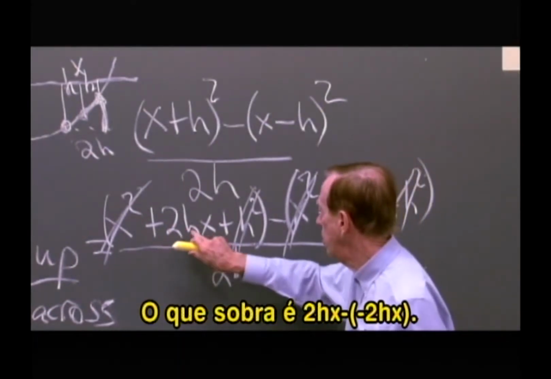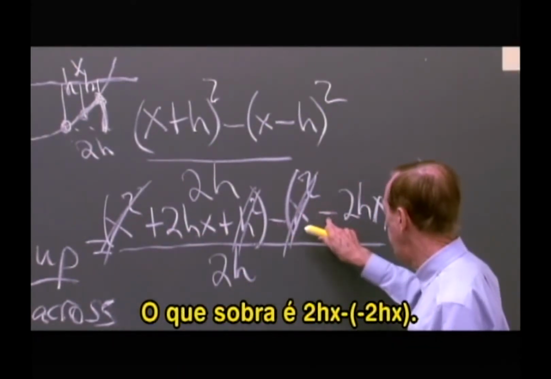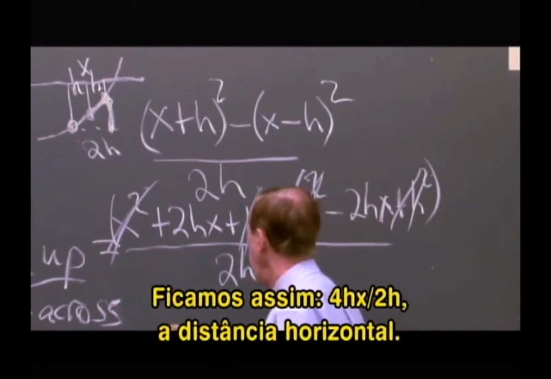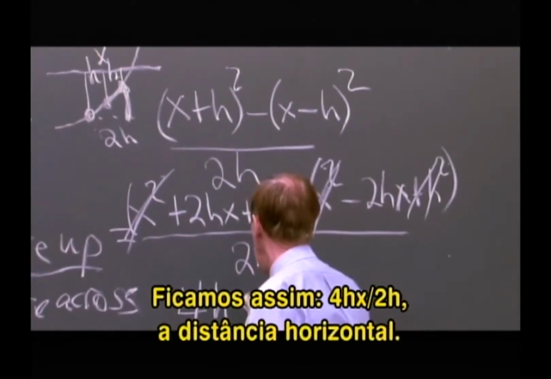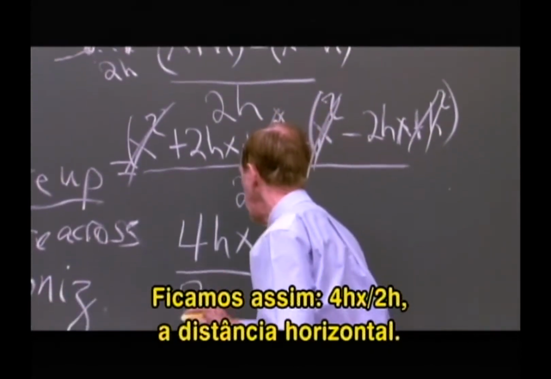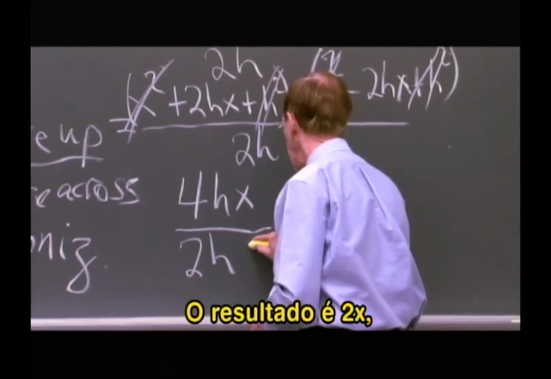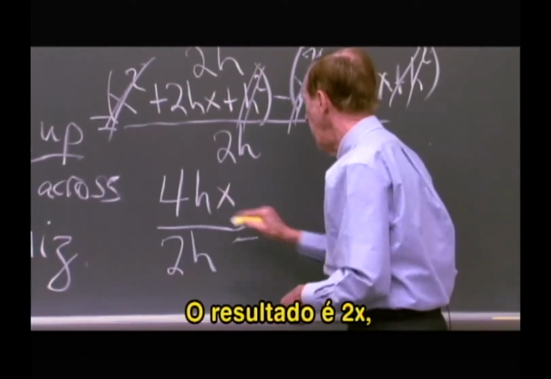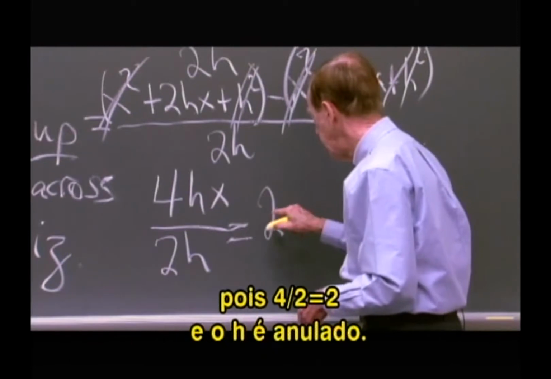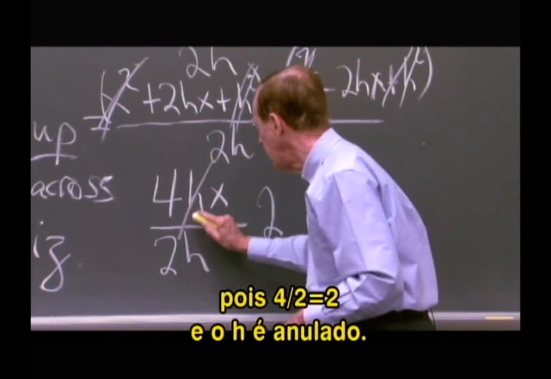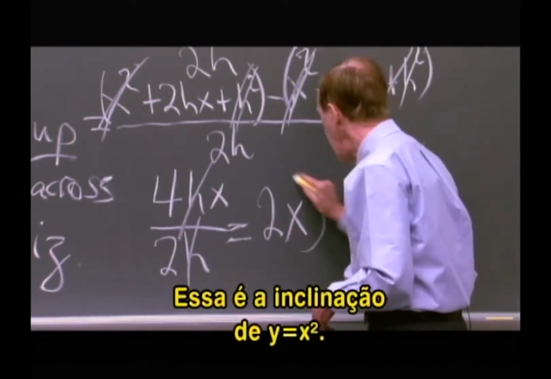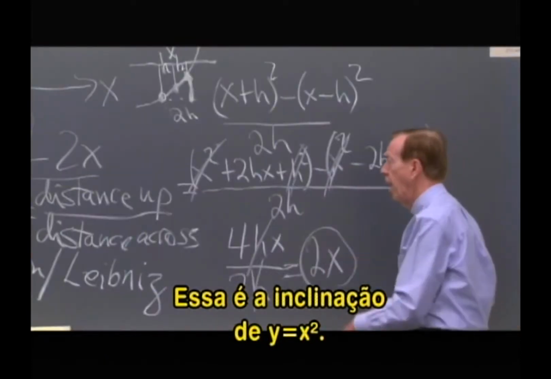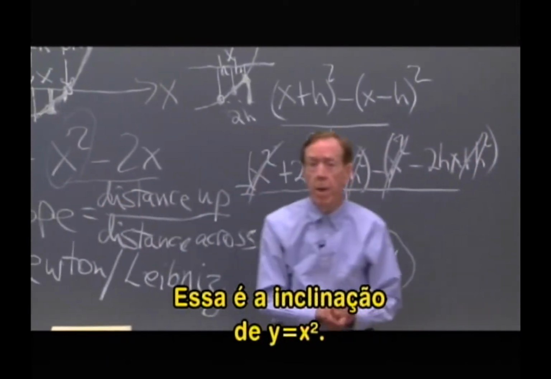I'm left with 2hx minus 2hx, so I'm left with 4hx divided by this 2h, the distance across, and what do I get? I get 2x. 4 divided by 2 is the 2, h's cancel, and x. That's the slope of y equal x squared.